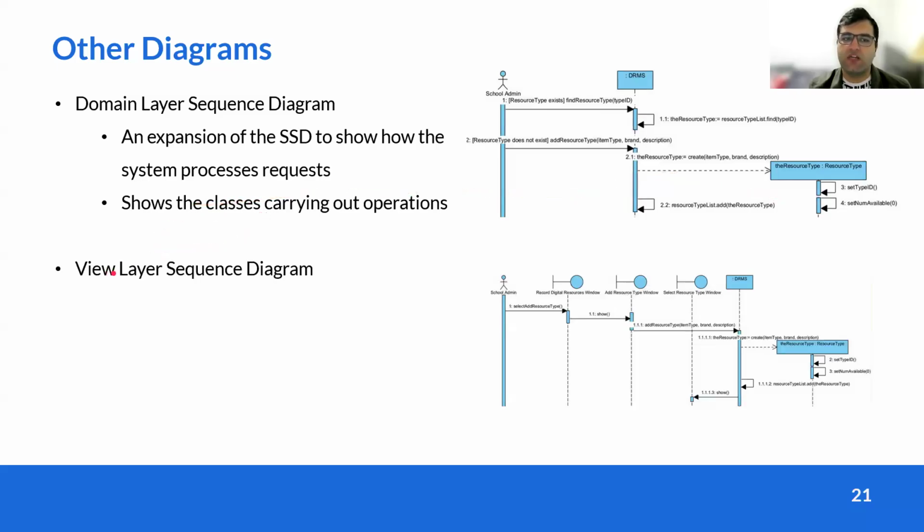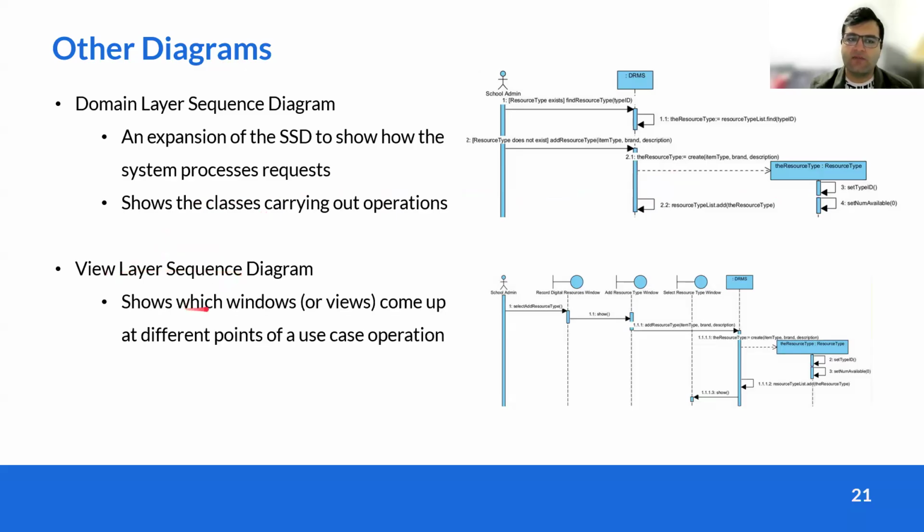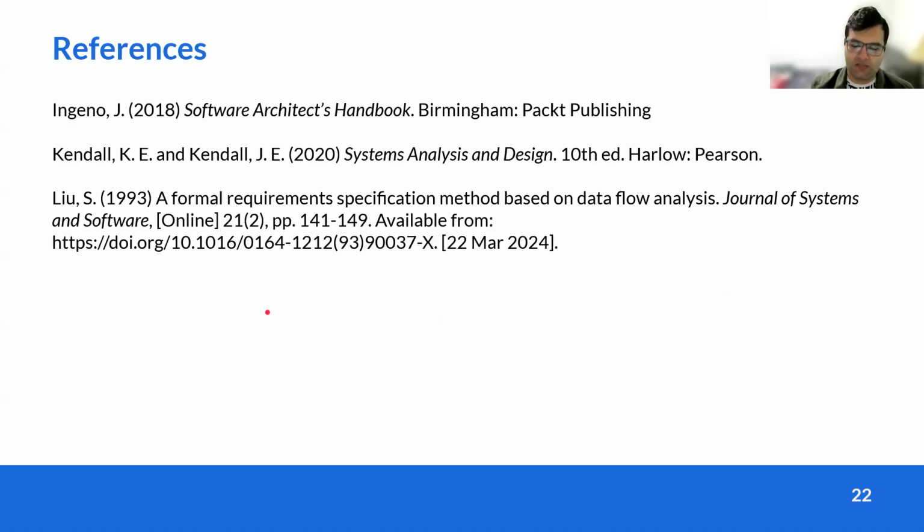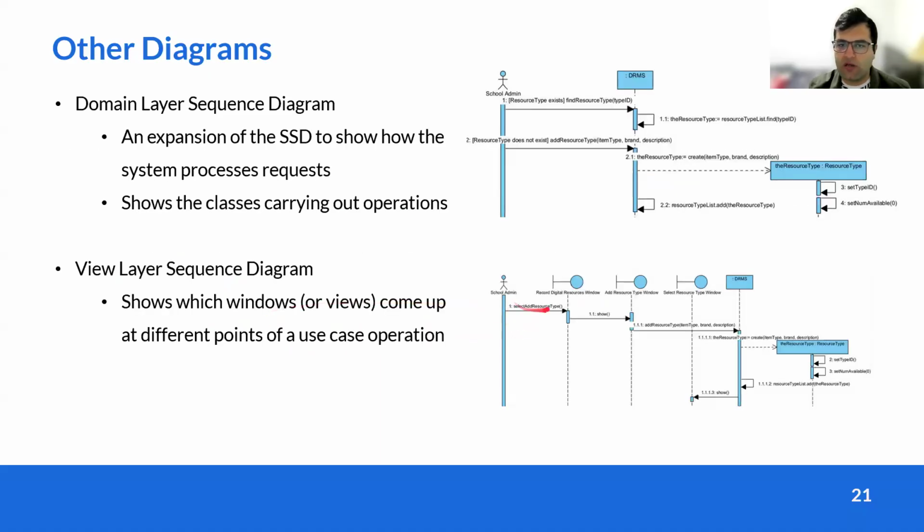Then you also have the view layer sequence diagram. The view layer sequence diagram shows which windows open up when the actor does specific actions, at different points of a use case operation. So, for example, add resource type: when the school admin clicks the add resource type button, this window pops up, and it shows you this information.